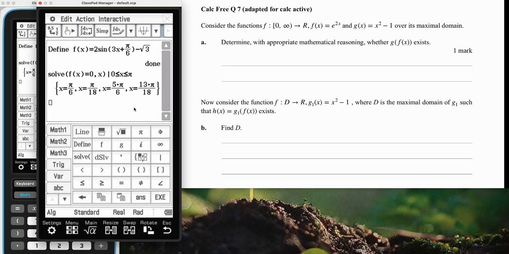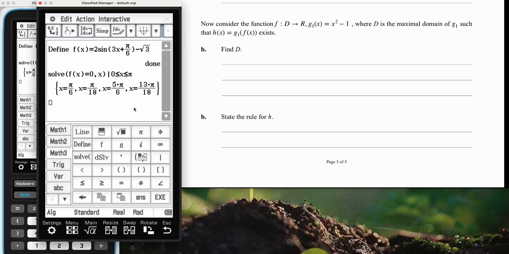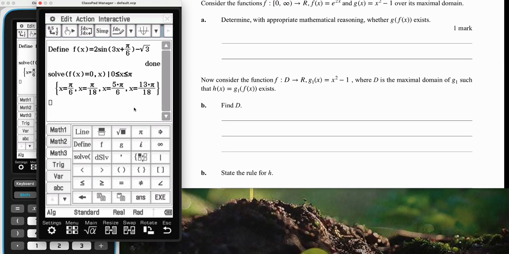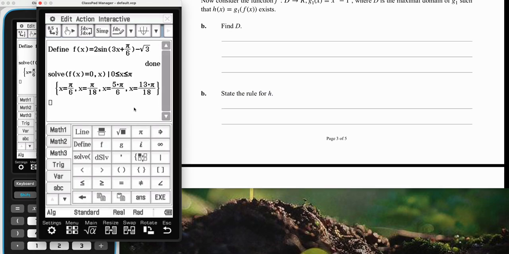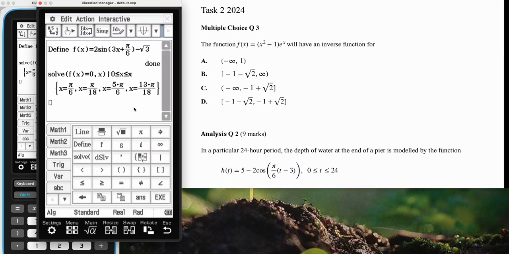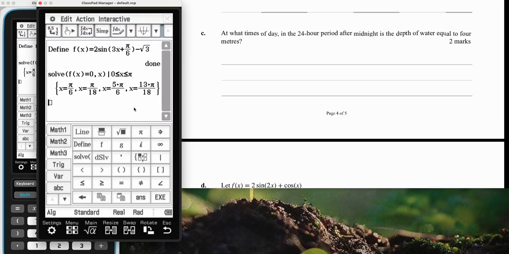Okay, let's go to one more question. I suppose I did want to talk about composite functions and how to do that. Maybe I'll skip that and just give you a bit of advice, which is sketch a graph. Same with this one, same with that one.